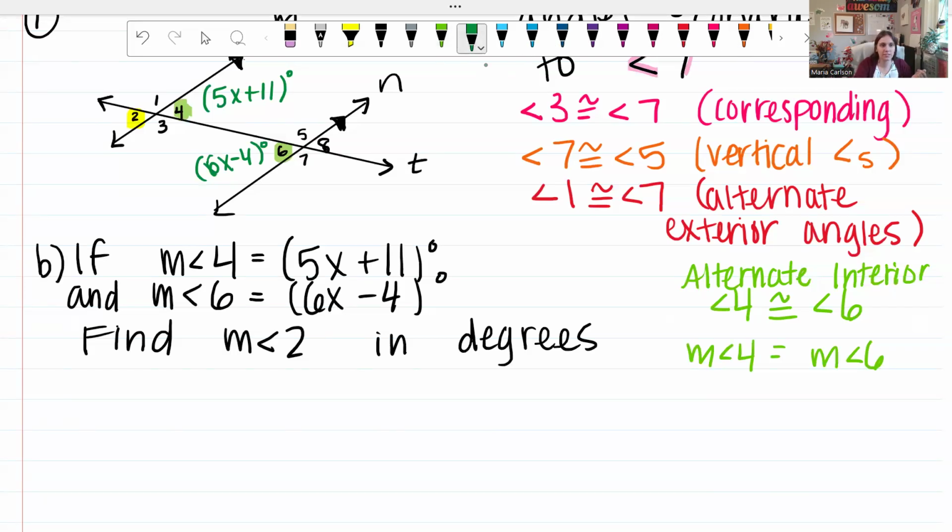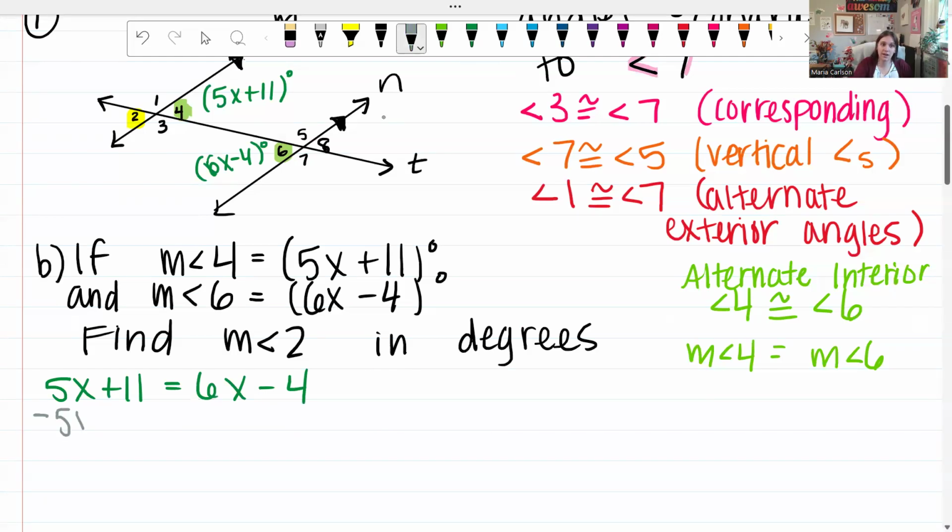We have 5x plus 11 equal to 6x minus 4. And if I am solving this, I'm trying to get x all by itself. Working smarter, not harder. I would really want to actually move the 5x over to the 6x, because when I move it, I will subtract.